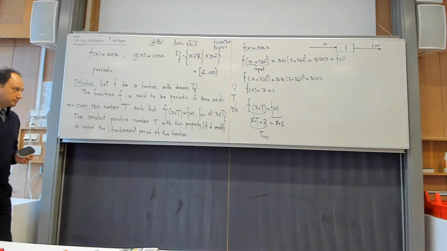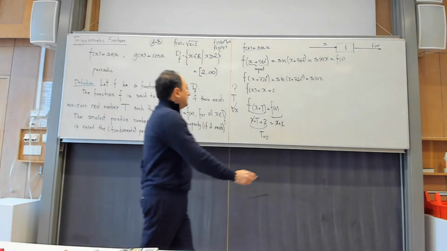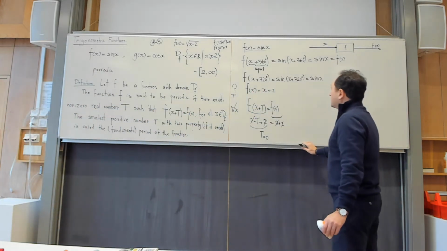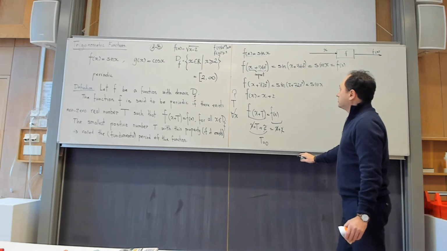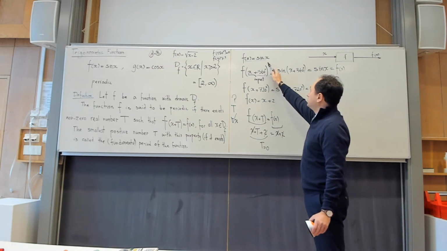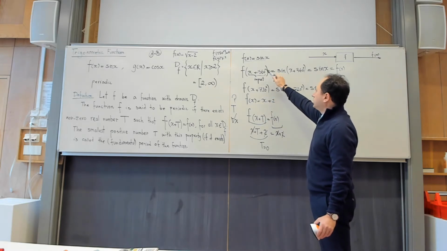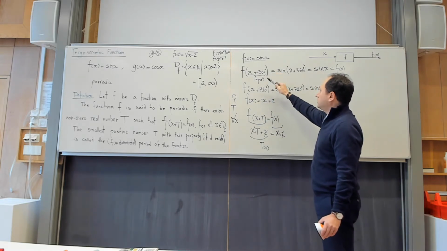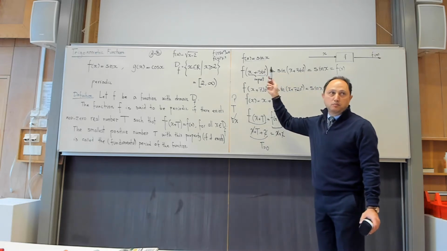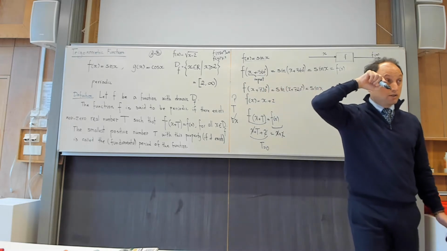Okay? So here, let me ask you some questions. So 360 degrees actually worked for this case. 720 degrees also worked for that case. Do you think that you can also find a negative number that works fine for sine x?